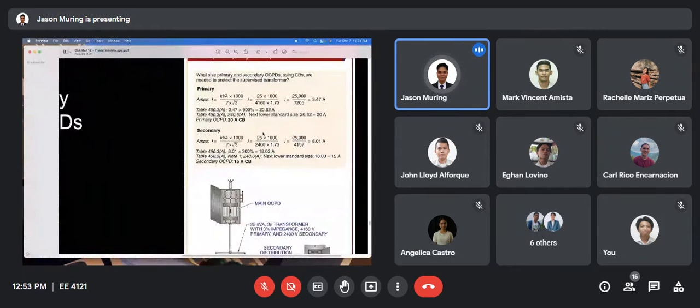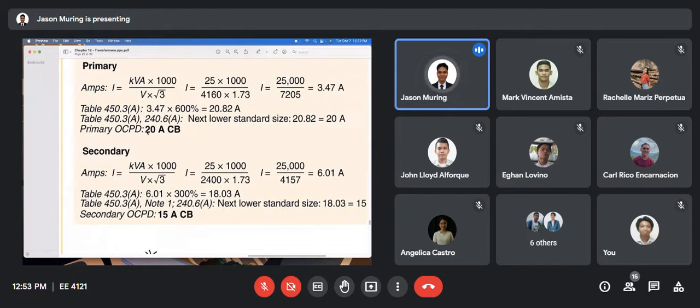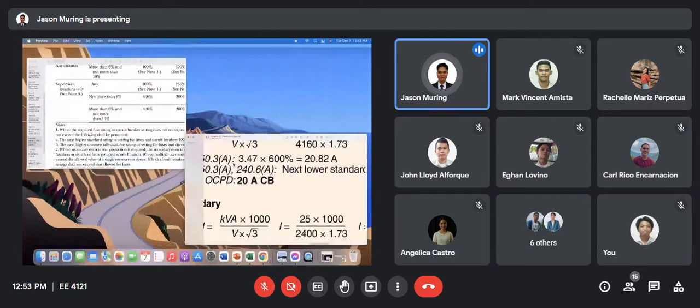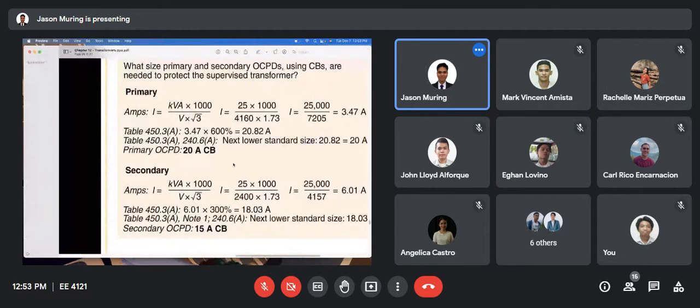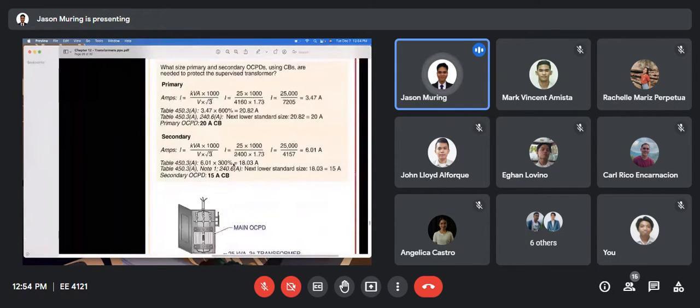So for example, since this does not correspond to a standard rating, we can use 25. Okay, and that 25 does not exceed the values provided by this 240.6(A). Because 25 is equal to 25, it does not exceed. Okay, so let's just use that.